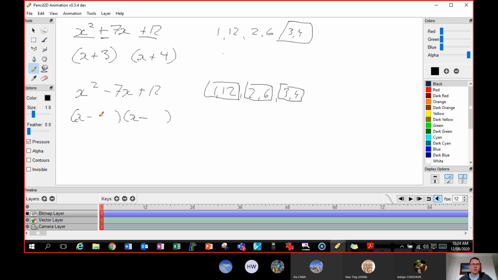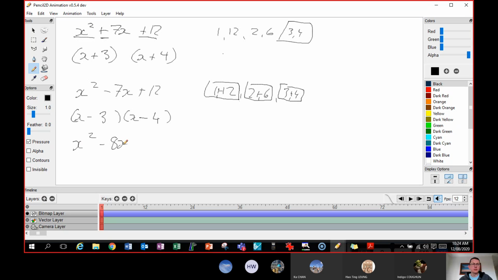But I need negative x's when I expand these. So 3 and 4 would also then give me 7. 3 plus 4 gives me 7. 2 plus 6 gives me 8. 1 plus 12 gives me 13. So I could actually make up these other ones.